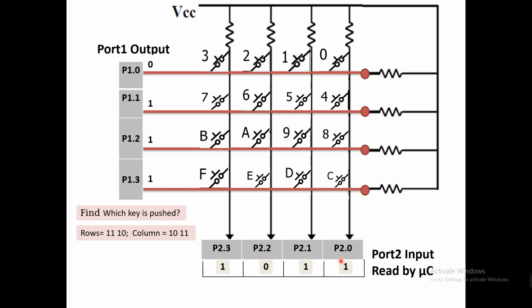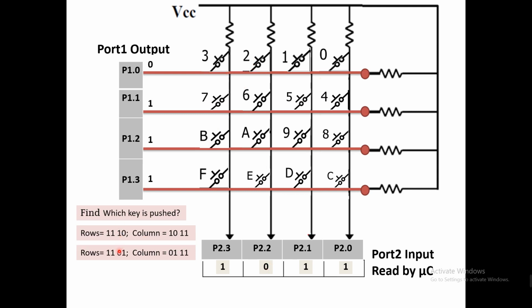First, because this is the zero row, we have to see which key it can be. If this one is 0 and this one is 0, then under this junction we have switch 2. If switch 2 is pressed, then this 0 ground value will make this P2.2 0. So it means that under this condition switch 2 is pressed.